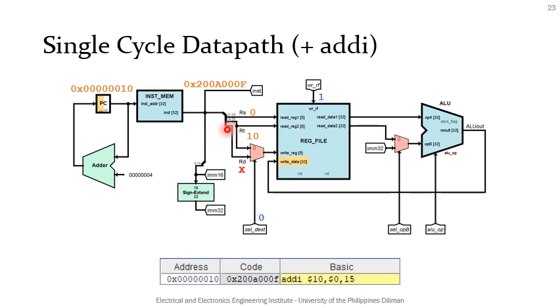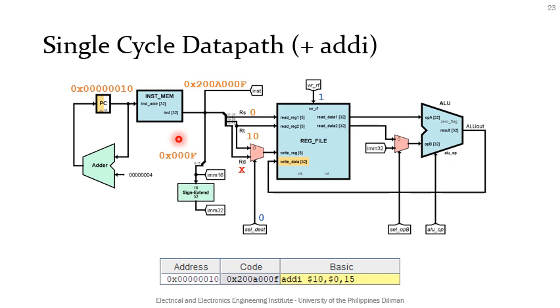Bits 11 to 15 will still be extracted as RD, although its value will not be critical for the add-I instructions, as bits 11 to 15 are actually part of the 16-bit immediate encoded within the instruction.